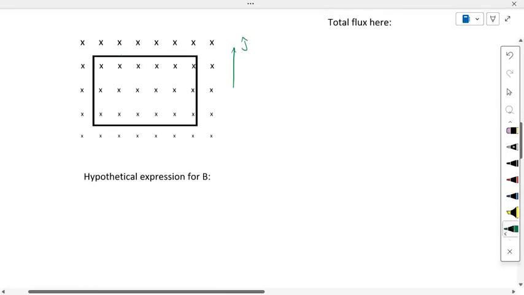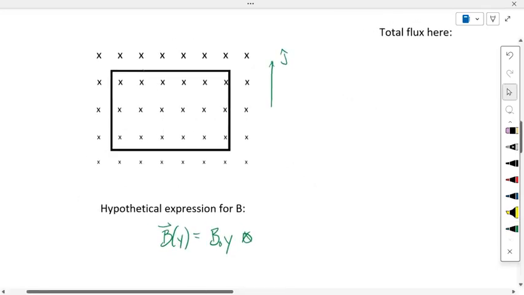Let's say that B varies with y as, how about B naught y in the apparently inward direction, right? So we've got a spatial dependence of magnetic field with position, specifically position along this positive j hat direction.